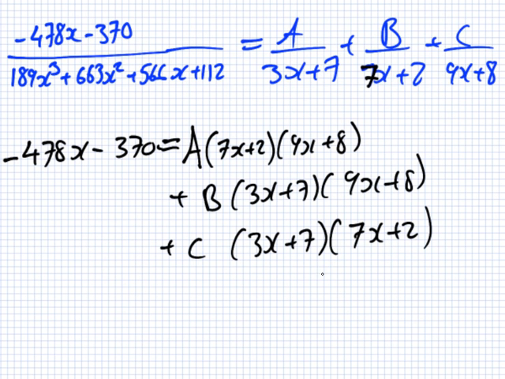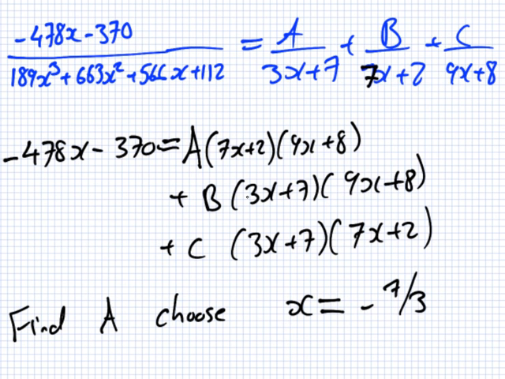Okie dokie? Right. So if I want to find A, I choose what for X? What can I choose for X to find A? 0? No way, man. Not even close. For A, minus 7 over 3, because it will cancel the B's and the C's, leaving just the A term.